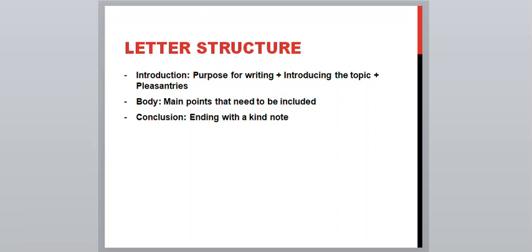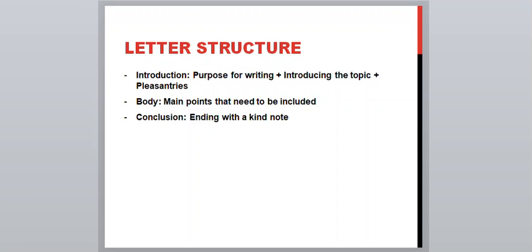Then you move on to the body after you're done with the introduction, and the body includes the main points of the topic, and you can have 4 to 5 points that you want to expound on during the letter, and you will write them as part of the body, and you will explain them diligently while giving examples if that's required.